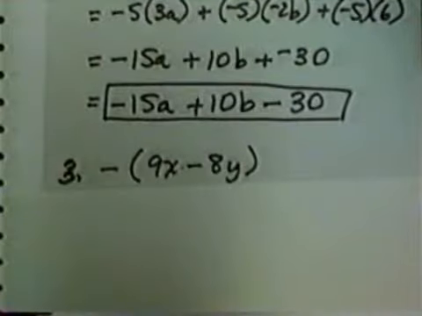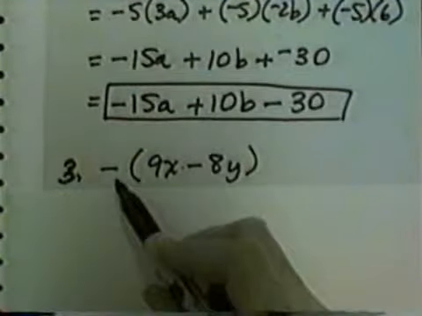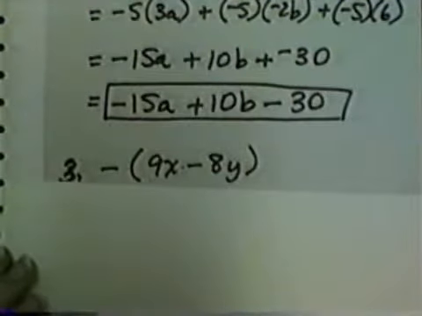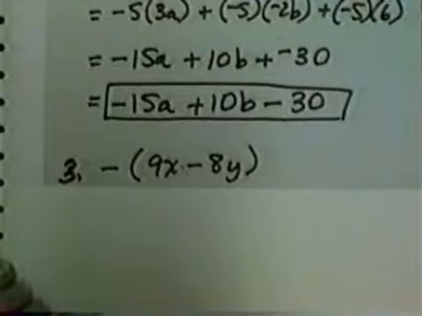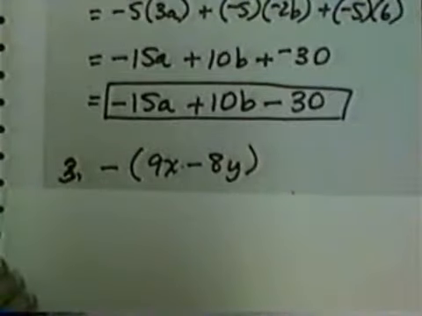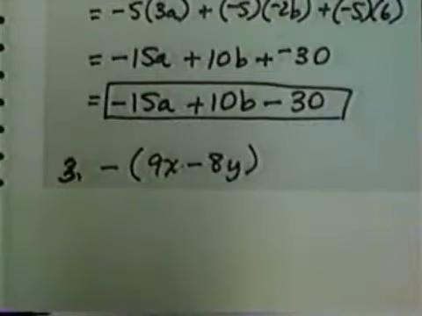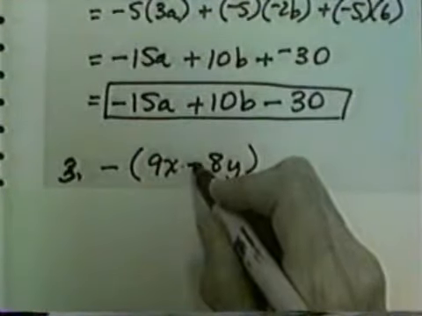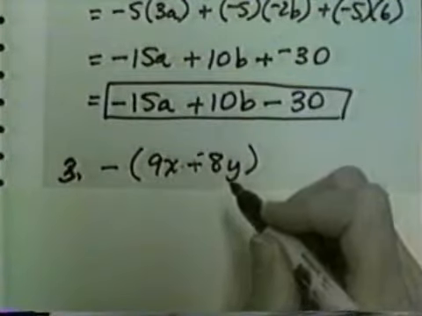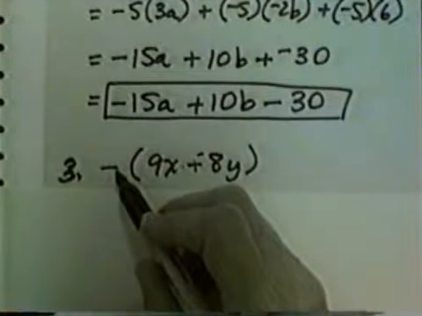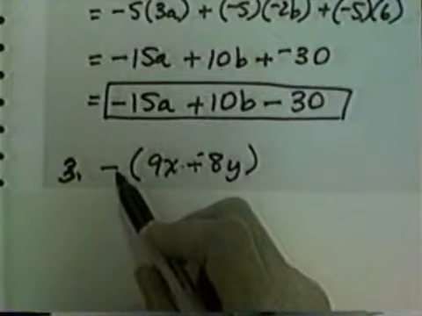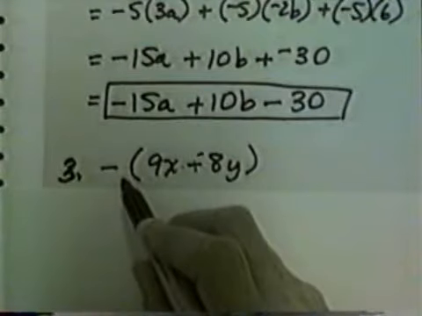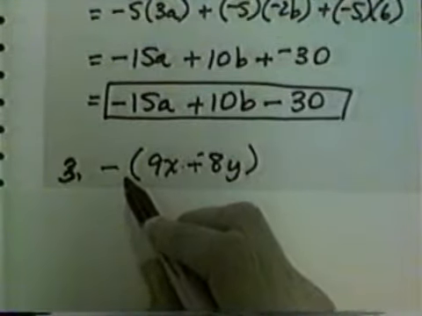Our next example, a minus sign and then parentheses around 9x subtract 8y. Once again, inside the parentheses we have subtract, so we can rewrite that as add the opposite. The minus sign in front of parentheses is not a numerical coefficient, but there is an understood coefficient of 1 beside the minus sign.